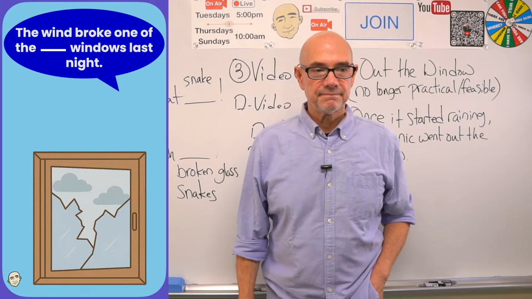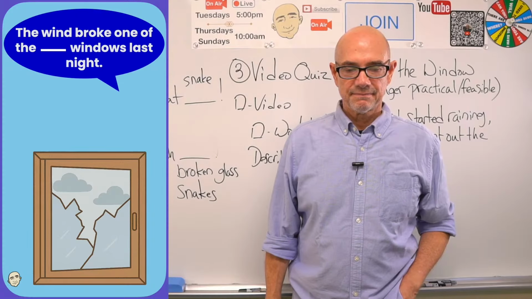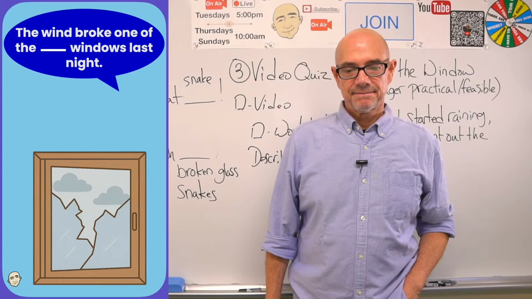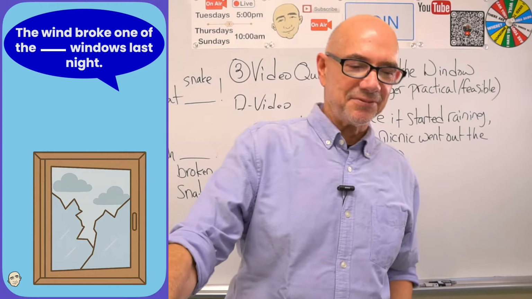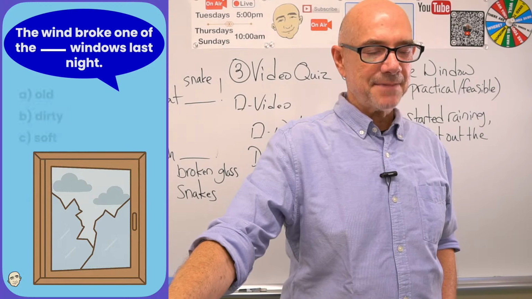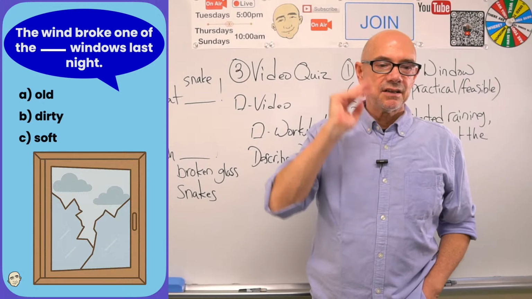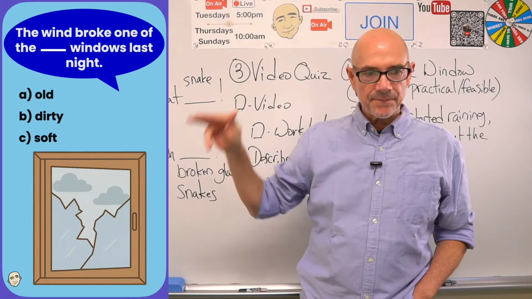Handle, wooden. Okay, this is a little tough. We need the three options, right? And then you're gonna know. Okay, so we have old, dirty, soft.